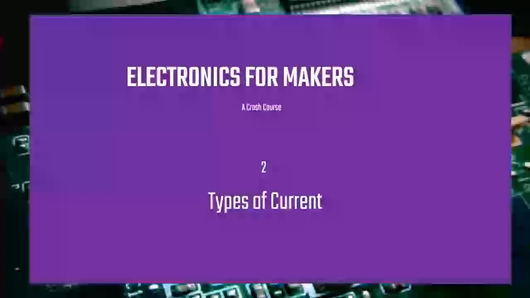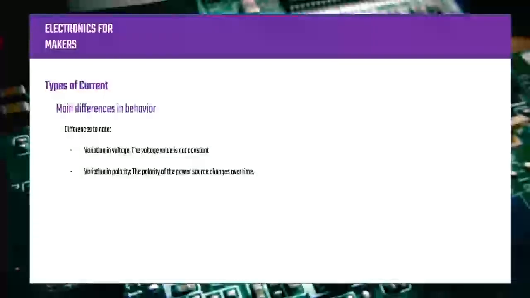Today we're going to be seeing the differences between what we call types of current. There are two types of current when we talk about electricity: alternating current and direct current. But one thing that needs to be clarified is that when we talk about different types of current, we're not talking about physical differences.